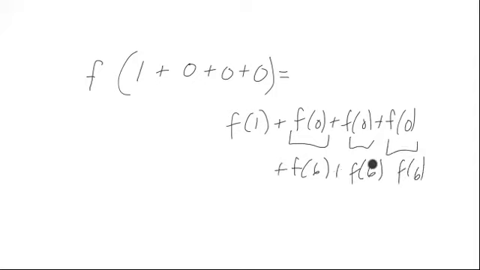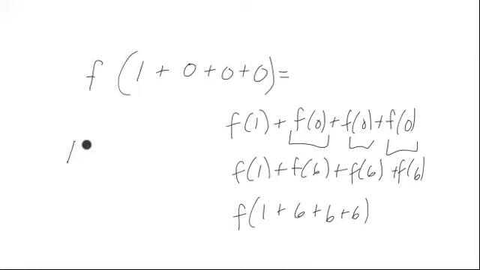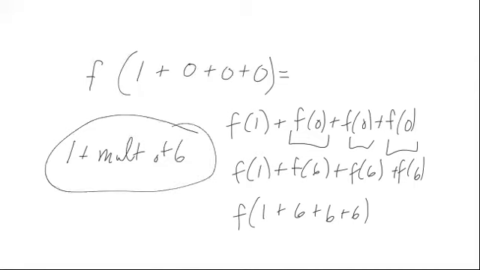And then what we could do is put all this back happening before the function: 1 plus 6 plus 6 plus 6. And actually what we've seen is f of 1 is going to be the same as f of 1 plus 6 plus 6 plus 6. Whew. So 1 plus any multiple of 6 is in the exact same fiber, at least right now, as we're just adding positive 6s on, I suppose.